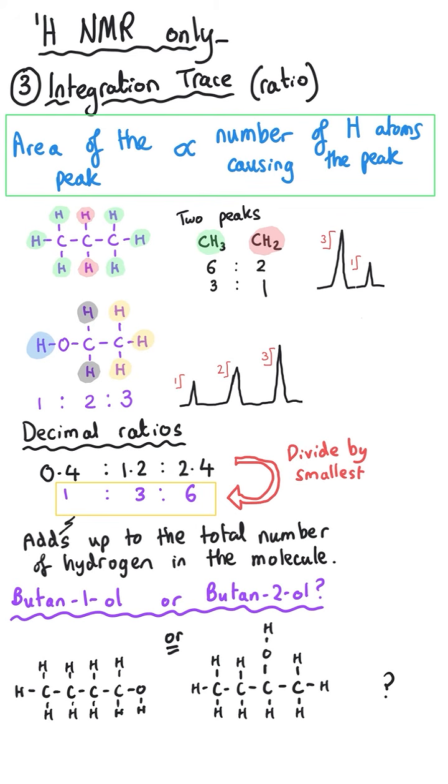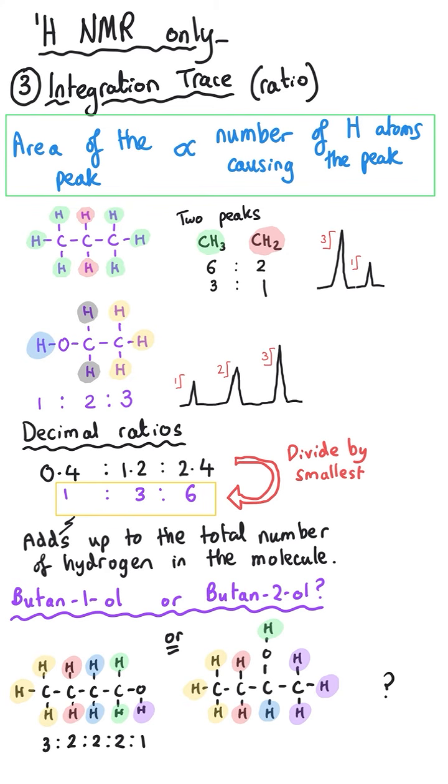Because if we take a look at these two examples, they are both going to give us 5 different peaks in the proton NMR spectrum, because we've got 5 different environments for our hydrogen atoms. But if we take a look at what the integration traces will be for each of these, the top one, butan-1-ol, will be 3 to 2 to 2 to 2 to 1, because that's the number of hydrogen atoms causing each of those peaks that we would see.